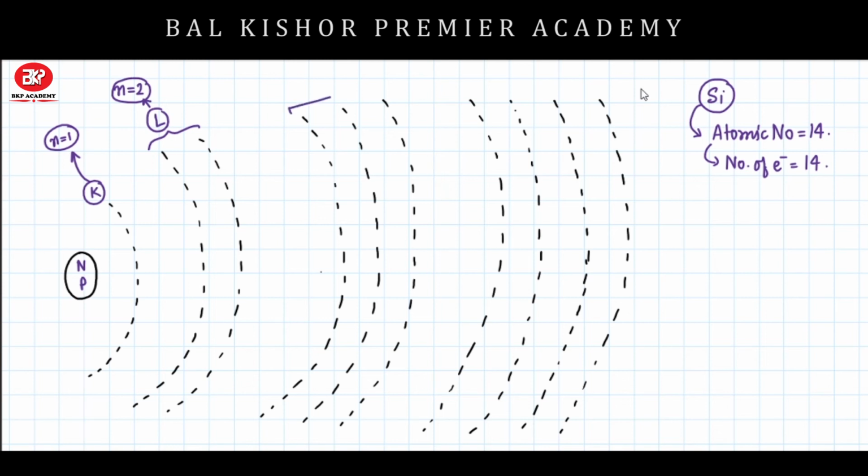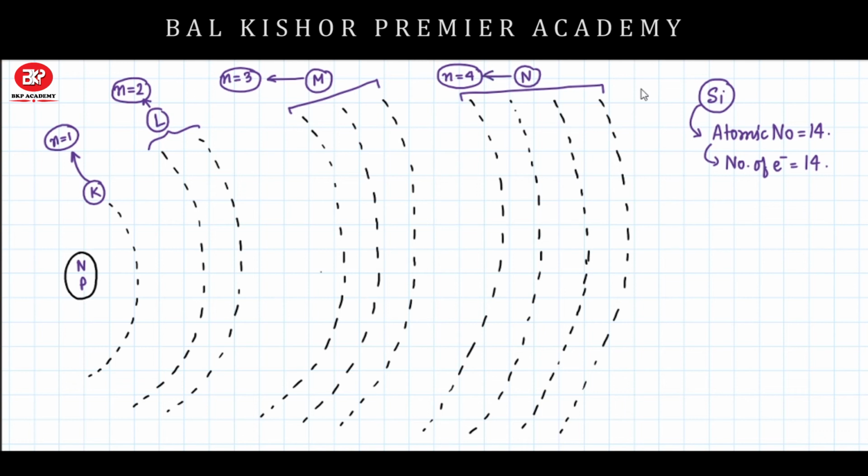This is the M energy level, where n equals 3. Similarly, this is the capital N energy level, where n equals 4. We have already seen that.